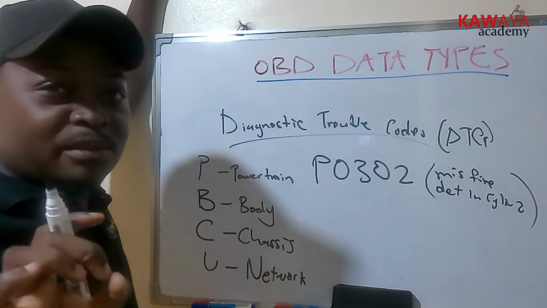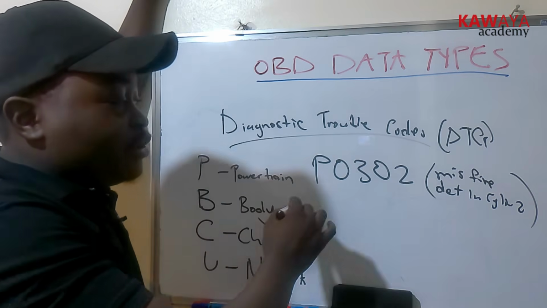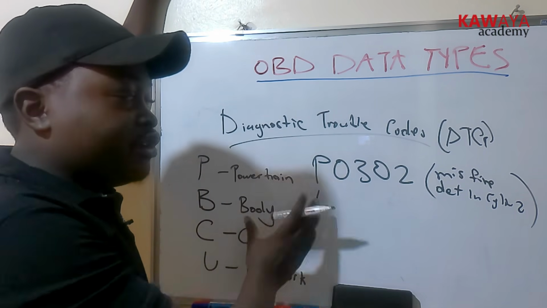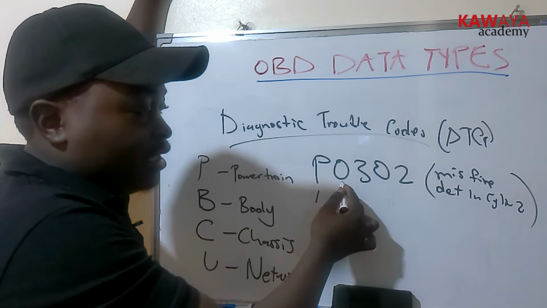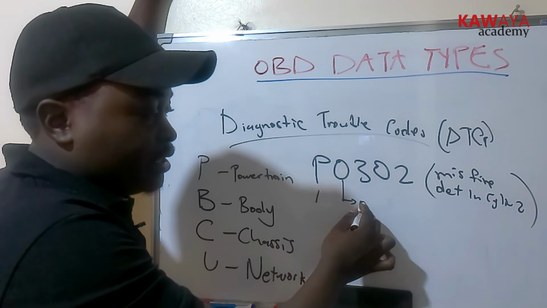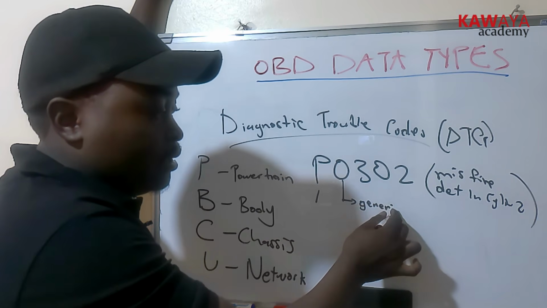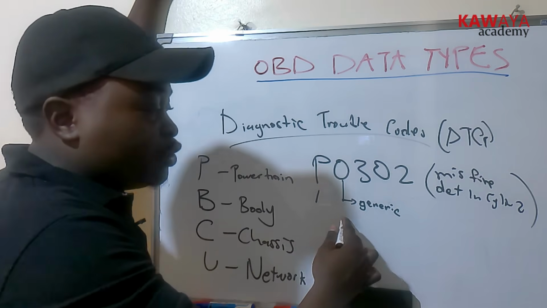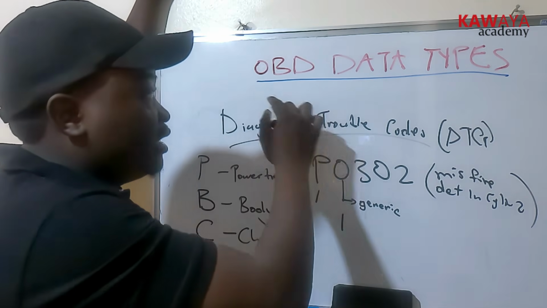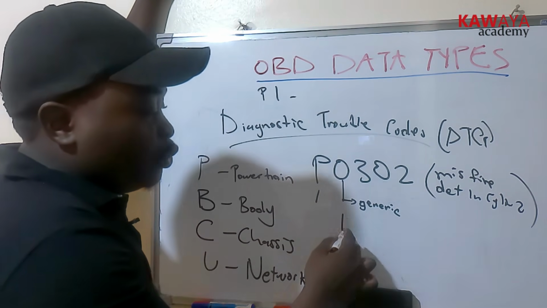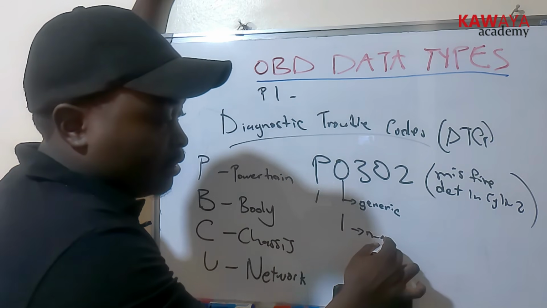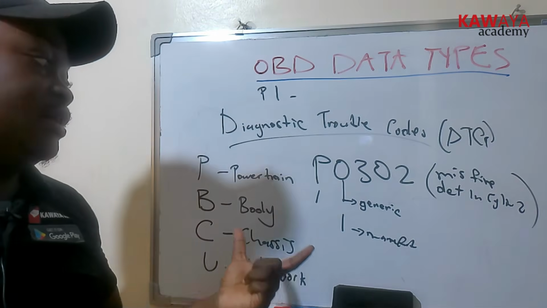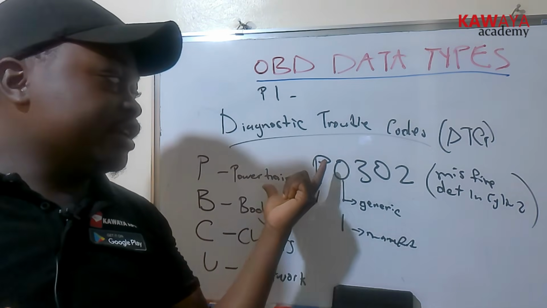So I want us to look at the basic structure of how this code is made. The first letter here is the main system, powertrain in this case. Then the next digit, if it is 0, is generic. Generic means that the code applies to all cars. If you have a code that has 1 instead of 0, like P1 something, then 1 is manufacturer. For example, Benz may have their own code like P1 something.